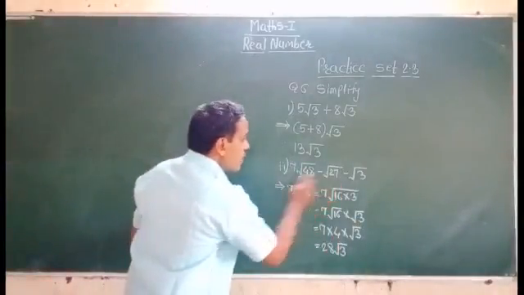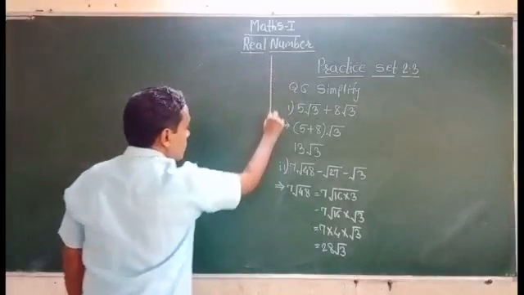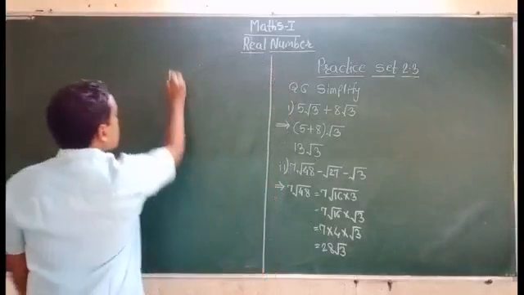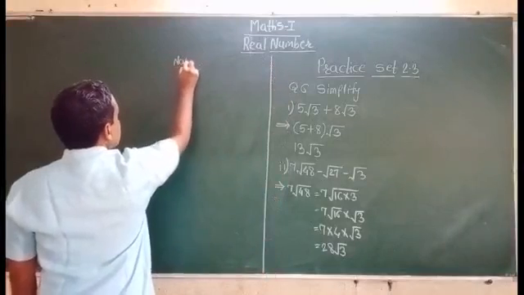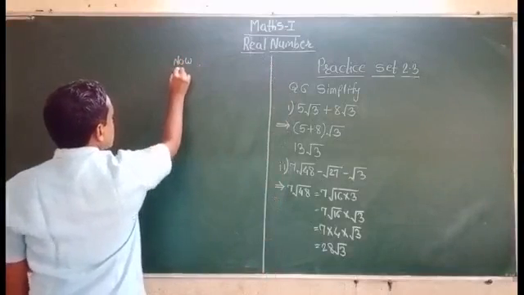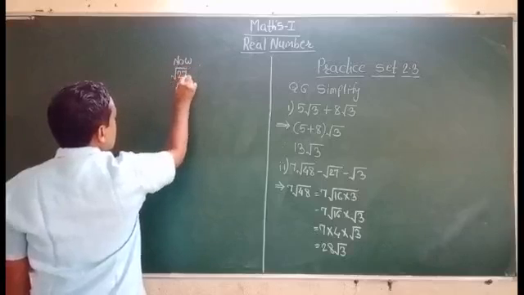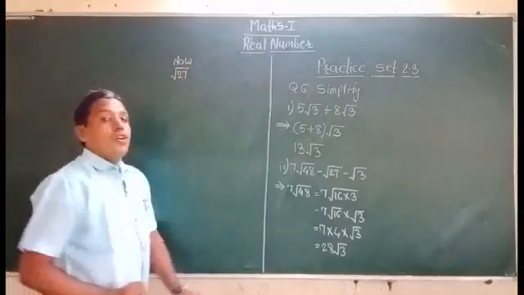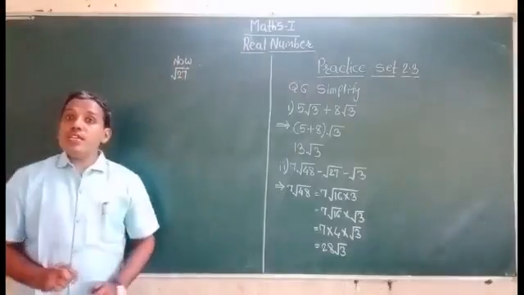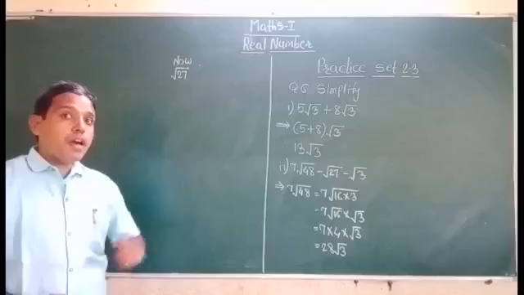Now this is the surds 27. We also split up that 27 into a two-number product form.